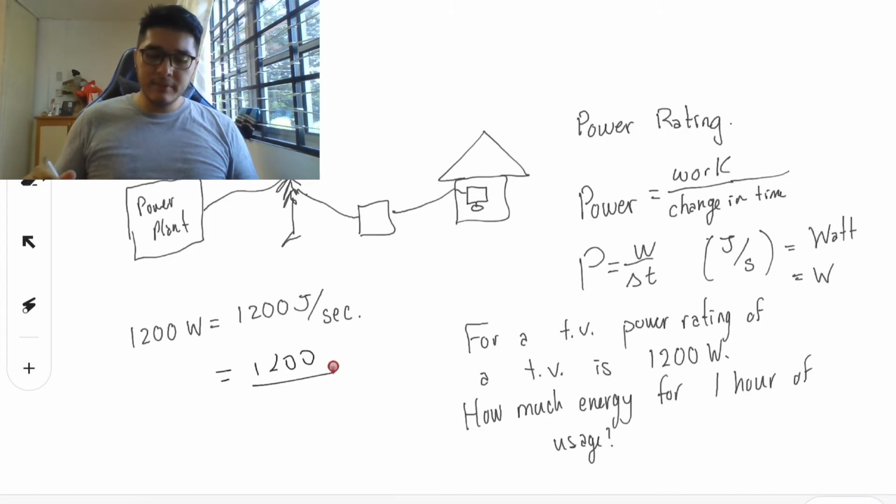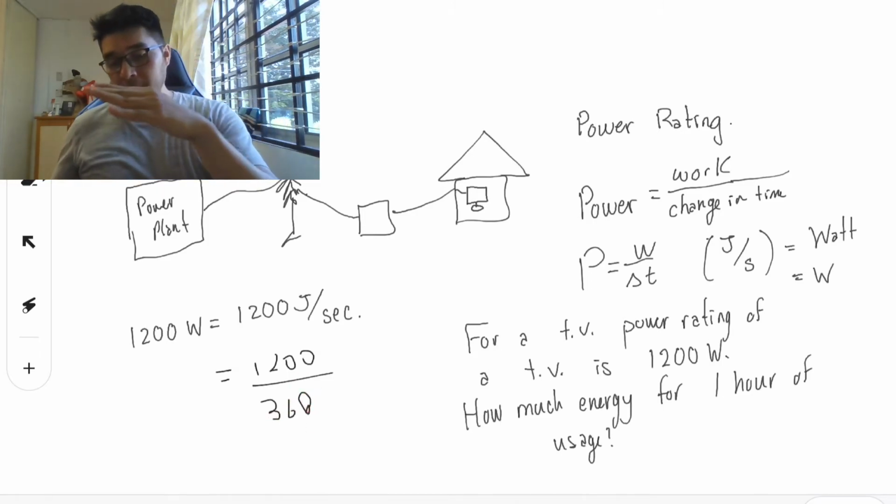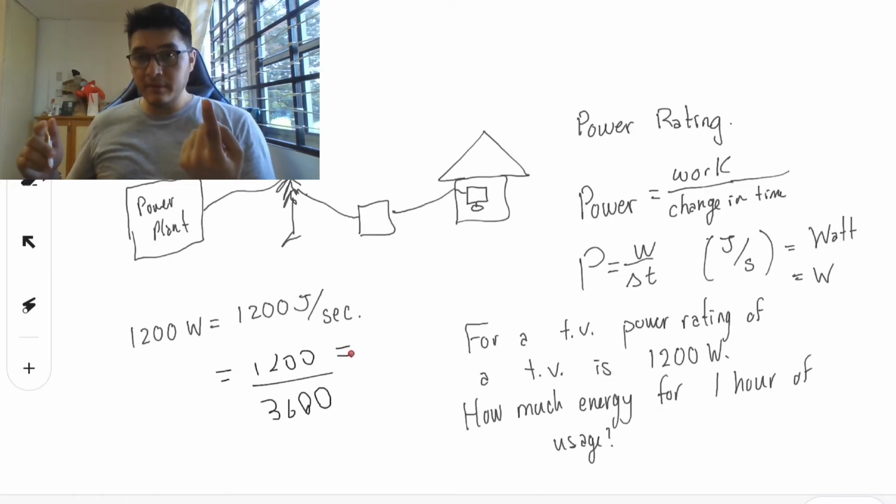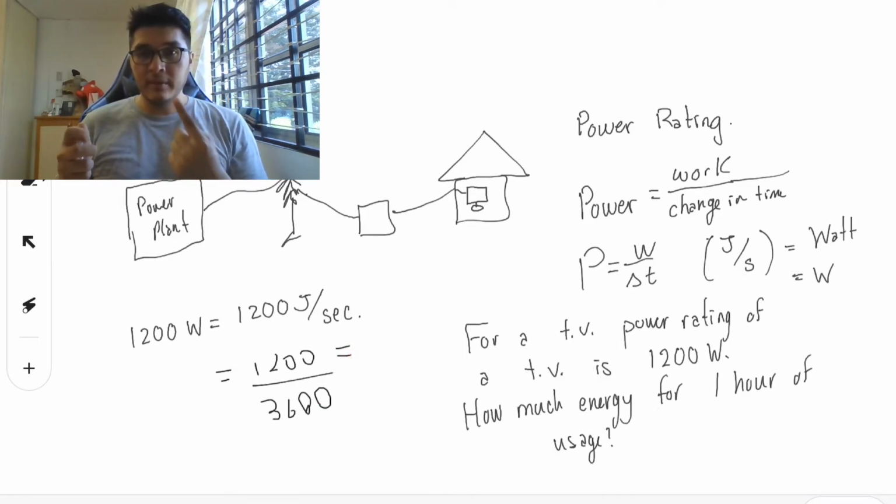Now, this is my fault because I made it look like the current is always moving along. But there's two types of currents we're going to look at. So I'm going to answer your question later on. There's DC and AC.